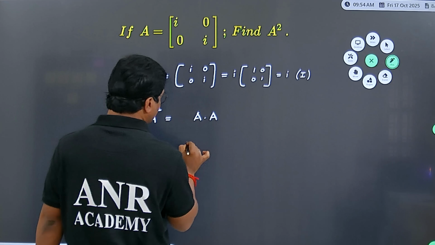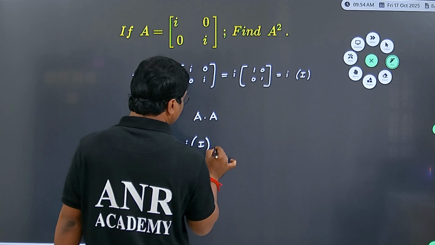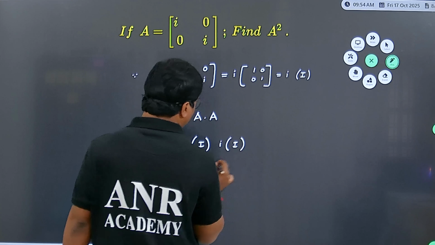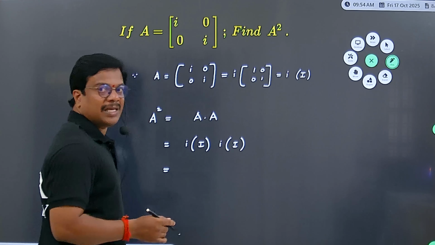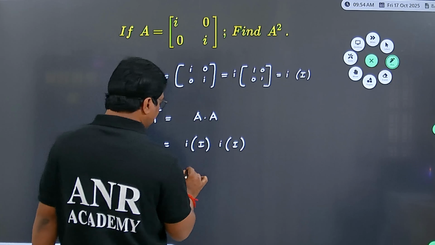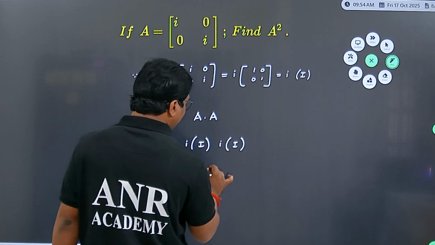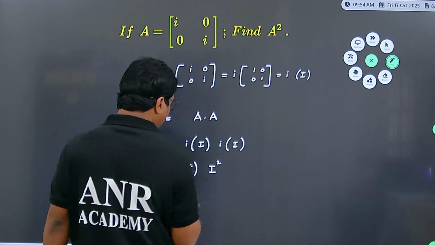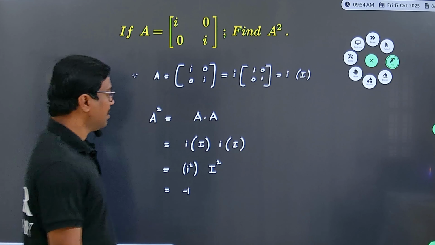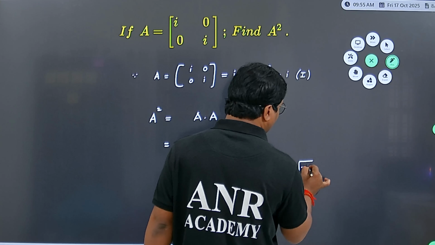A is written as small i into the identity matrix. It is multiplied by i into the identity matrix. Here i means the imaginary unit, iota. i into i is i square. Next, identity matrix whole square. The value of i square is minus 1. Why? Because iota is defined by i equal to root over minus 1.